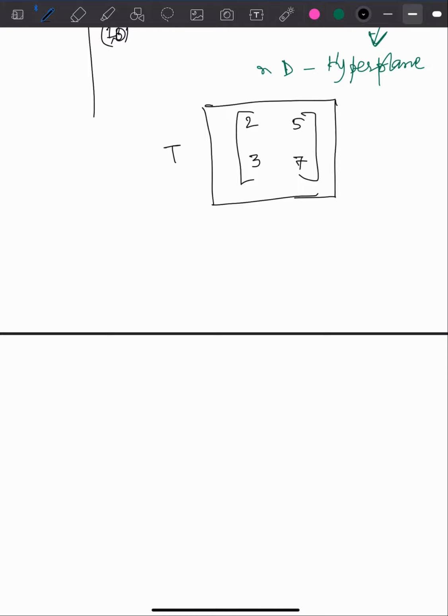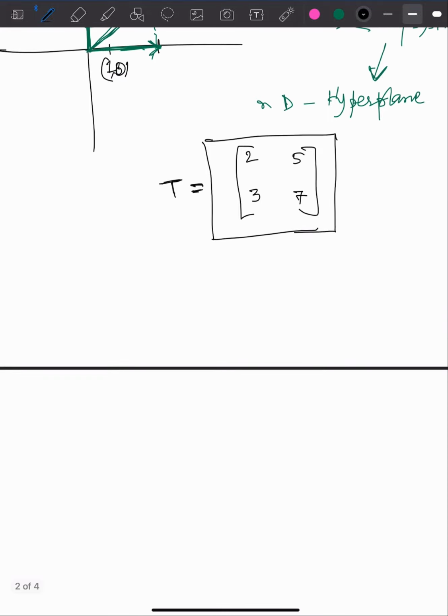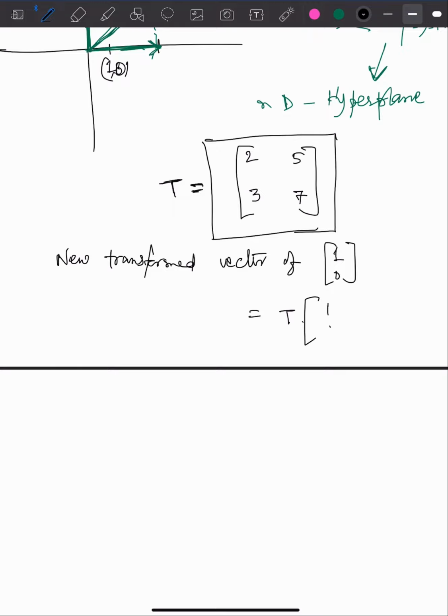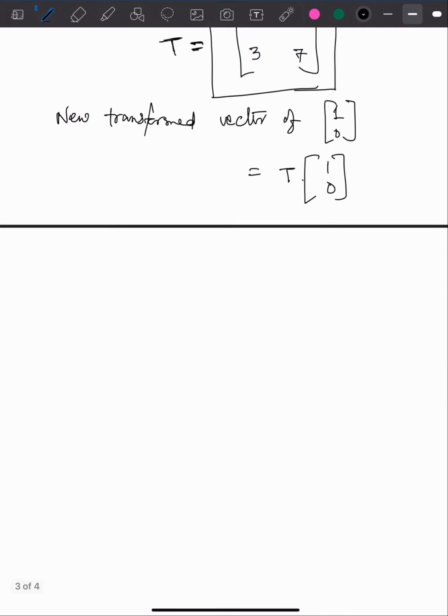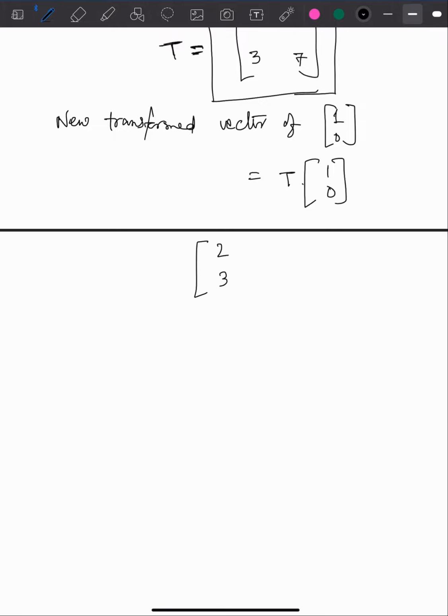If this is the transformation matrix or the new basis system, we'll call it T. The new transformed vector of 1 0 is T times 1 0, which is 2 3 5 7 times 1 0, which would be just 2 3.